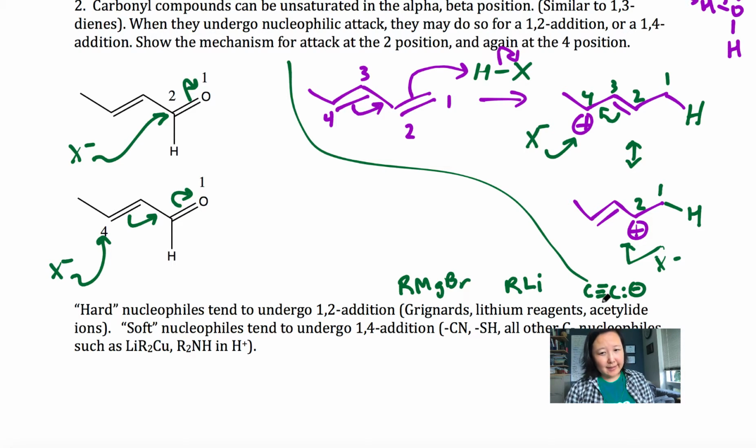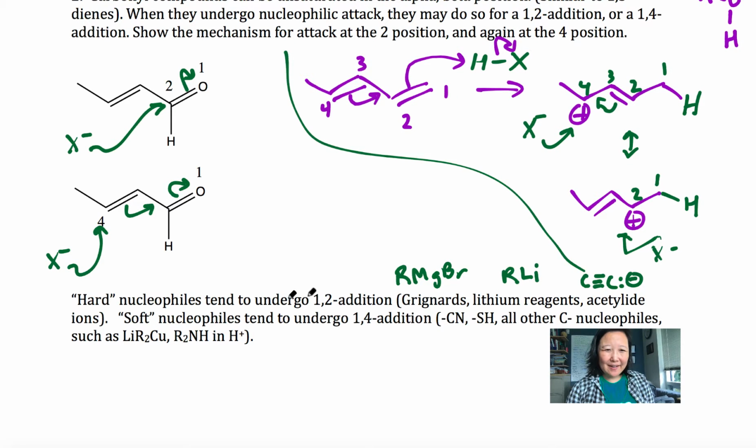But there's some exceptions to that, of course. So these hard ones tend to attack here at the carbonyl carbon, which is also considered a hard electrophile. It's small, it's sort of dense itself. Being right next to this oxygen, it makes it very positively charged.